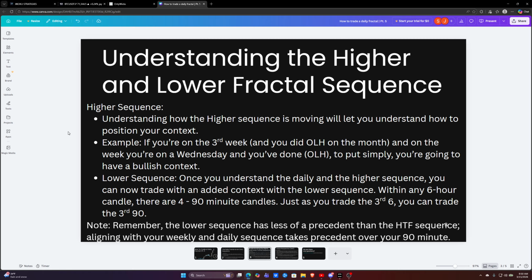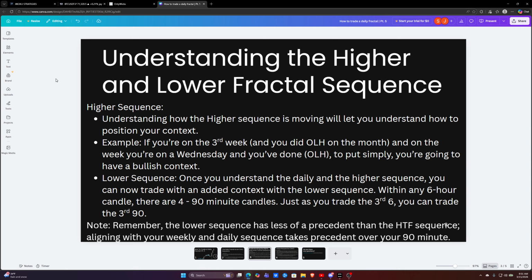Alright guys, understanding the higher and lower time fractal sequence. So understanding your higher sequence will give you context on how you're positioned from a time perspective. Just as we can divide the daily into 4 6-hour candles, we can divide a monthly into 4 weeks.